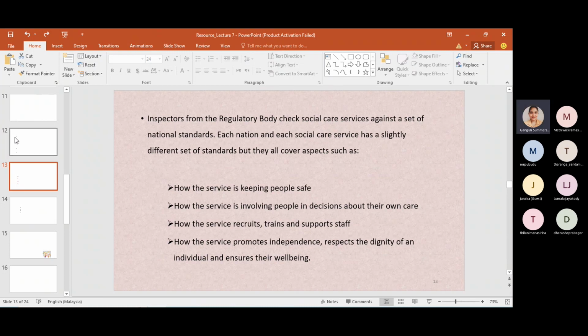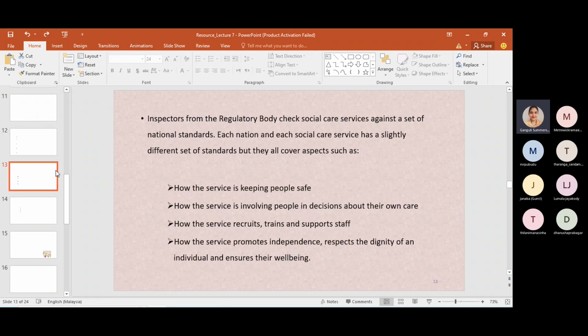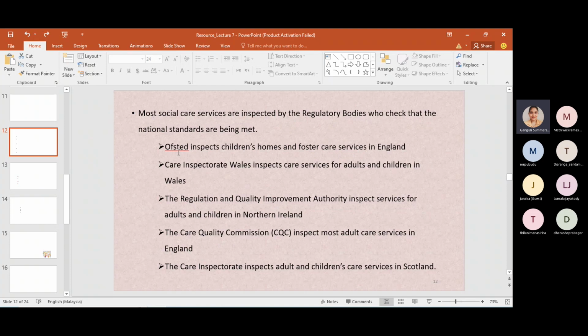Okay, so you just learned about the functions of regulators, right? The main function of a regulator is to check whether the services are being provided properly or not.